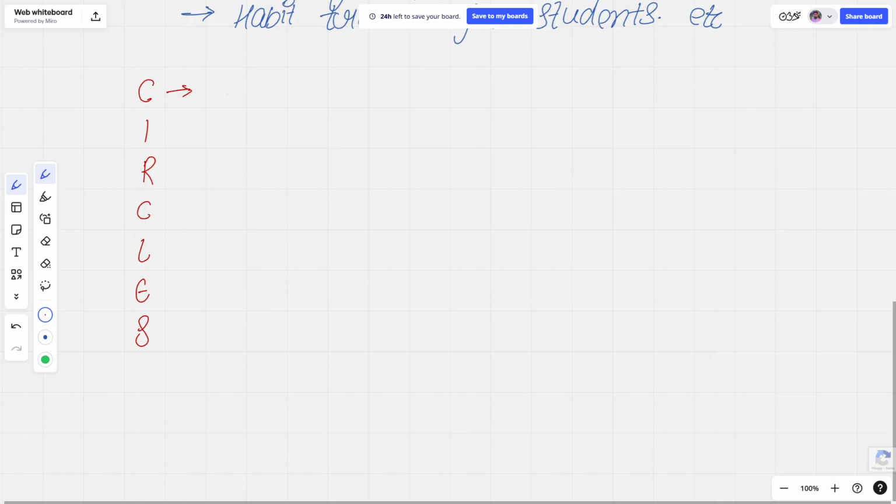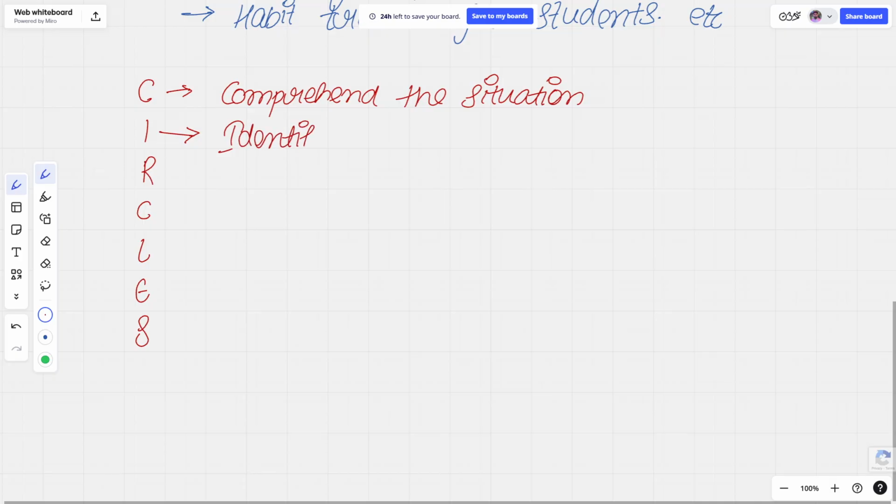So C means comprehend the situation given to you. I means where you have to identify your users for which you are building the product.